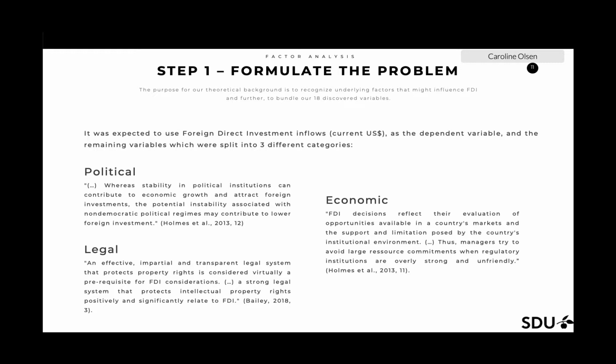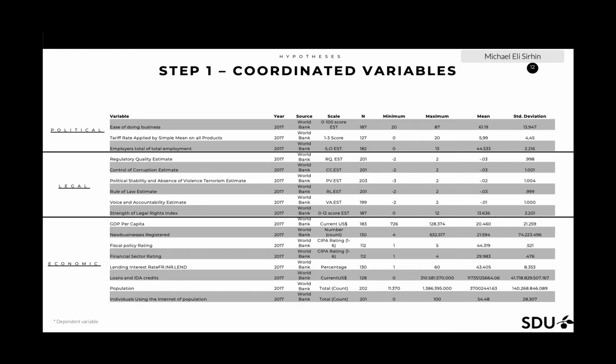And also economically, Holmes et al. state that FDI decisions are reflected by the opportunities available in a country's market. Lastly, if we dive into the legal factor, Bailey 2018 argues that a strong legal system that protects property rights has a positive impact on FDI. And these 3 arguments have formed our 3 hypotheses presented by Thomas. Next slide, please.